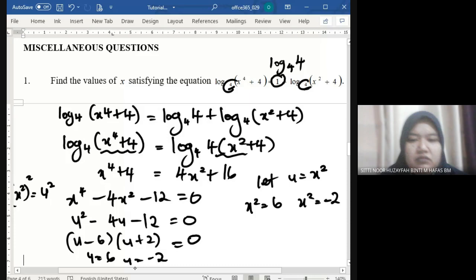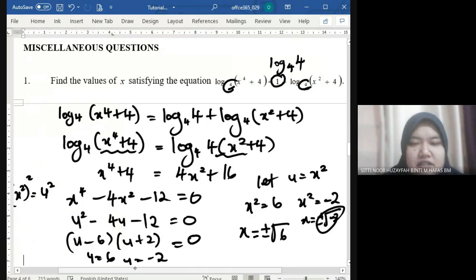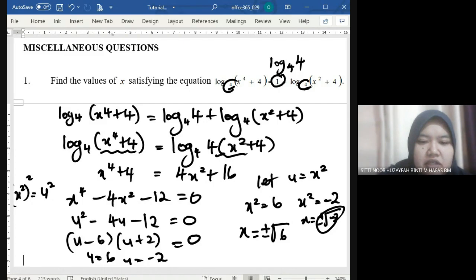For x squared equal to negative 2, directly we cannot solve for it because we will get a complex number. You didn't learn it, so you will get x equal to plus minus square root of negative 2. This is not in your syllabus. So for x squared equal to 6, you will get x equal to plus and minus square root of 6.